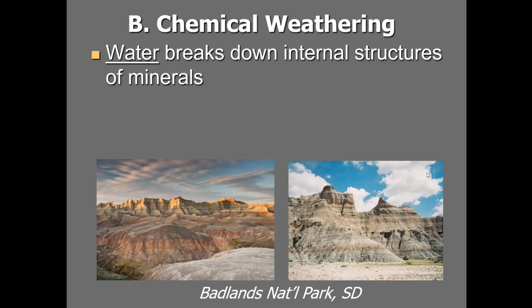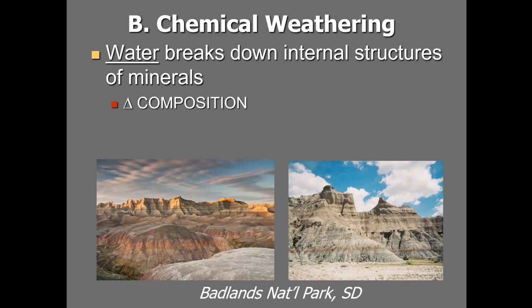And there's a really cool spot in South Dakota. This is called Badlands National Park, and it is just layer upon layer of what's called the White River Group. This is all shale, and shale is composed of clay minerals, which are the result of some chemical weathering processes that we will be talking about shortly.